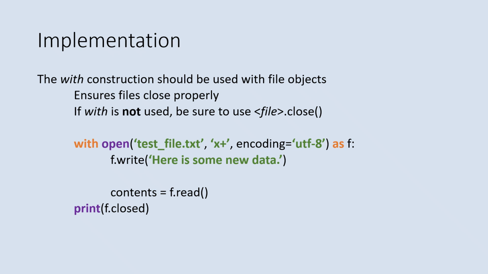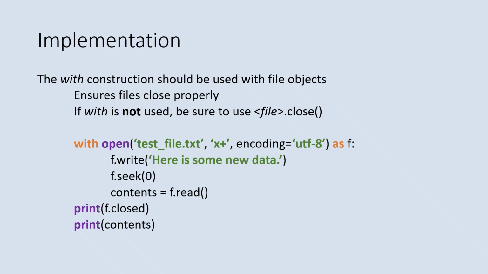At this point, if we type this exactly as it is, say in the IDLE shell or in a file, and we ran this, then f.closed will return True, because even though we didn't type f.close(), the construction ended because the indentation ended, and so that automatically closes the file. But again, if we print the contents at this point, we have an empty string because it started reading after the full stop at the end.